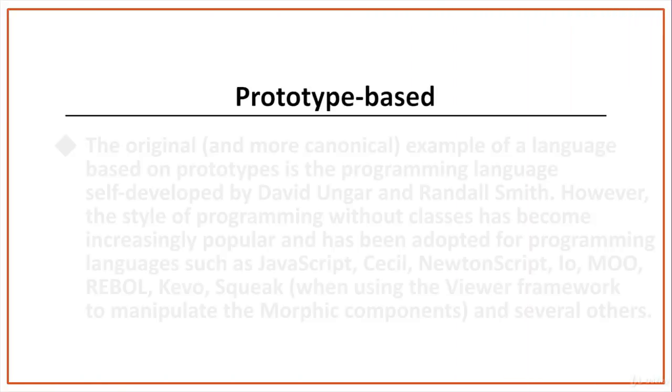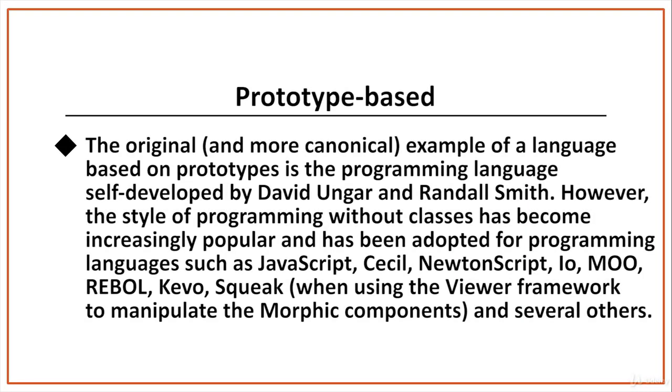The original and most canonical example of a language based on prototypes is the programming language Self, developed by David Ungar and Randall Smith. However, the style of programming without classes has become increasingly popular and has been adopted for programming languages such as JavaScript, Cecil, NewtonScript, Io, MOO, REBOL, Kevo, Squeak when using the Viewer framework to manipulate the Morphic components, and several others.